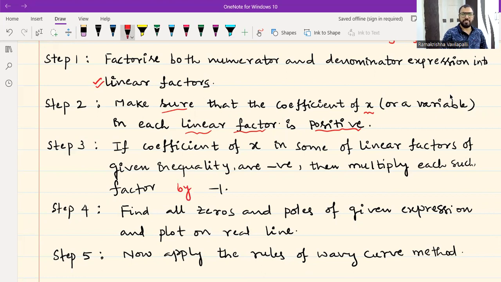Step 4, find all zeros and poles of the given expression and plot them on the real line.